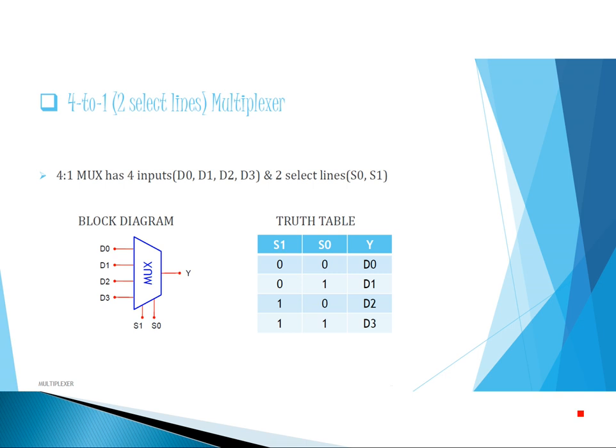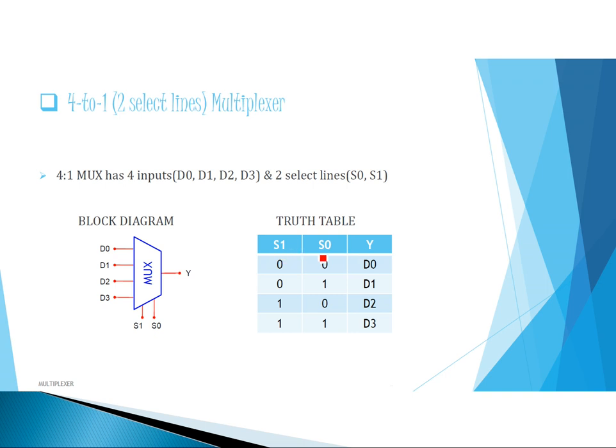So next, the 4:1 multiplexer. A 4:1 mux has 4 inputs, that is D0, D1, D2, D3 and 2 select lines S0 and S1. This is the block diagram. You can see here D0, D1, D2, D3 are the 4 different inputs, and 2 select lines S1 and S0 and output Y. And this is the truth table.